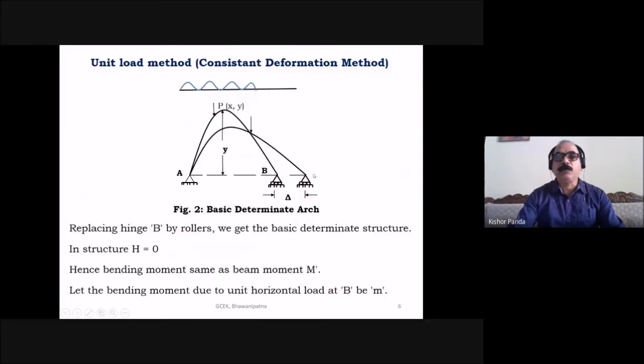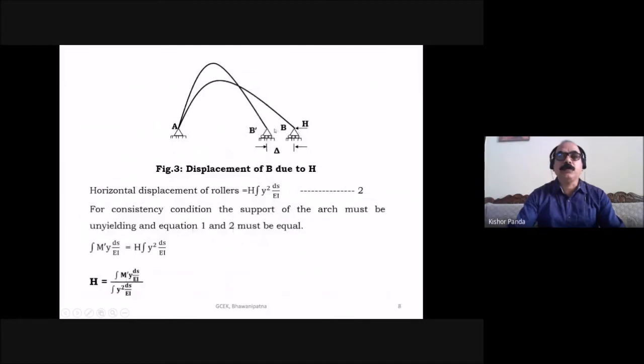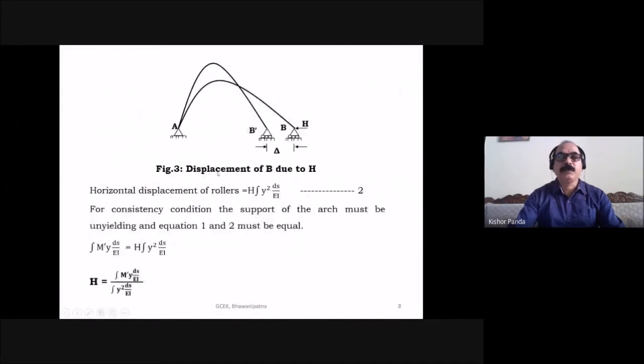Then you apply the horizontal force H at B dash, and it will come to this position. So here this is B. Apply the inward horizontal force. Now consider the inward displacement of the roller when a horizontal force H is applied, as in figure 3, the displacement of B due to H.